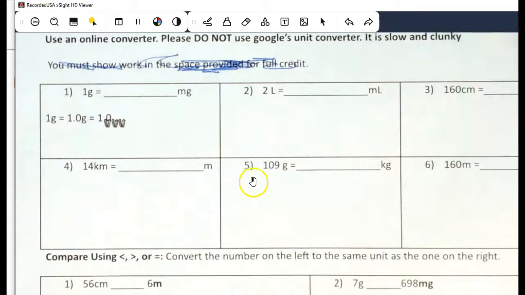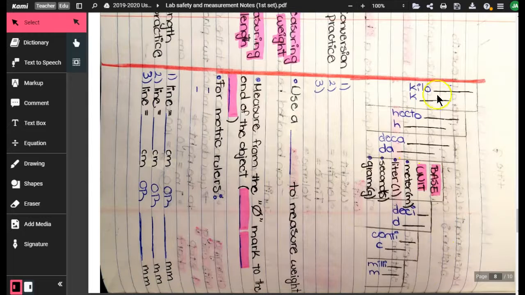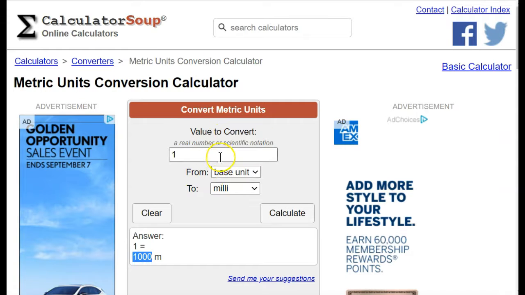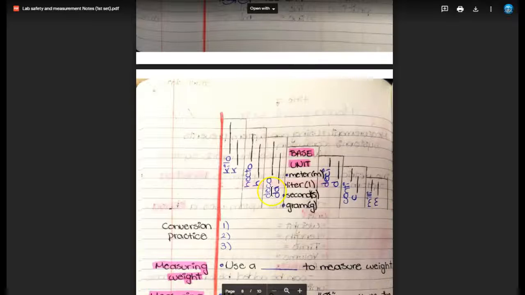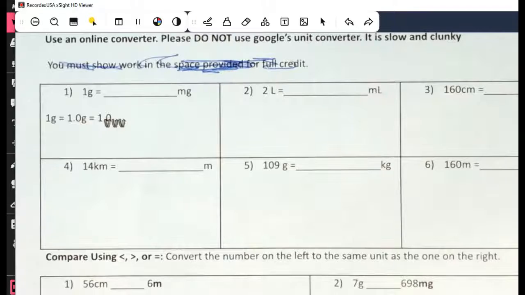Let's try one more. Let's go 14 kilometers. Let's use this one because this one's off screen. 14 kilometers to meters. I'm starting off at kilo, and I need to go to just the M. So again, I'm going from kilo to just the single letter M, which is the base unit. Let me double check my number here because I already forgot what it was. 14 kilometers.